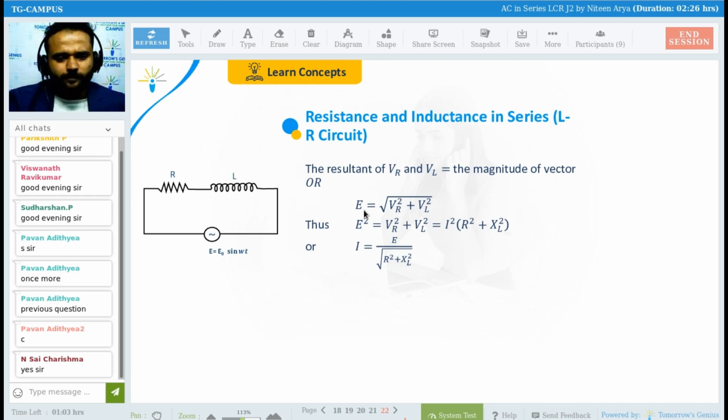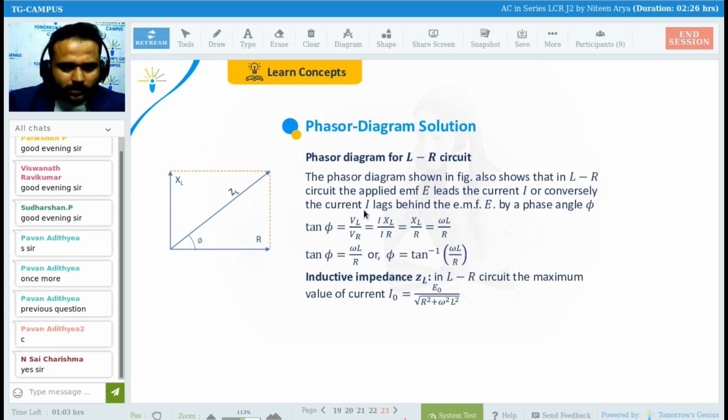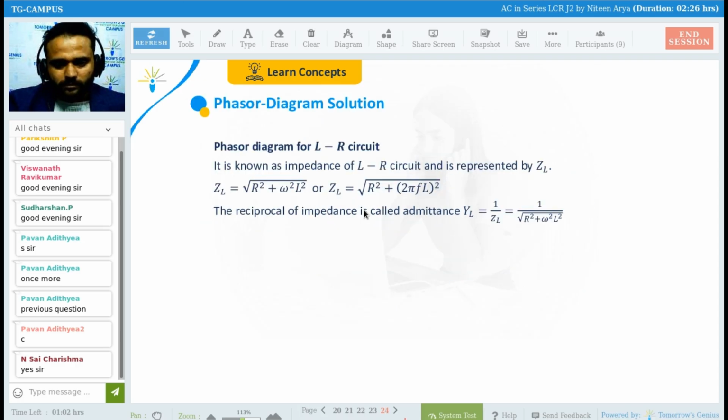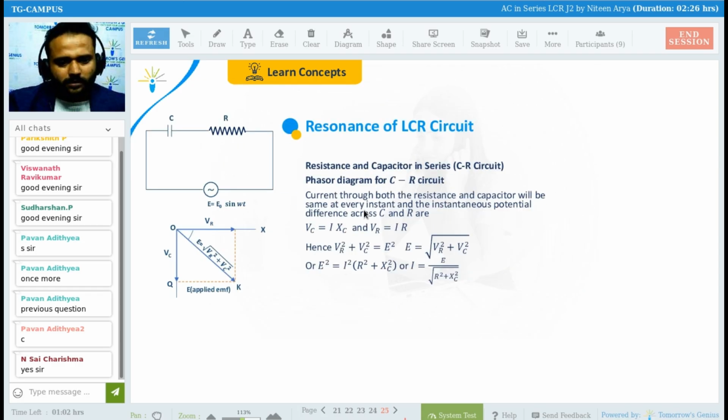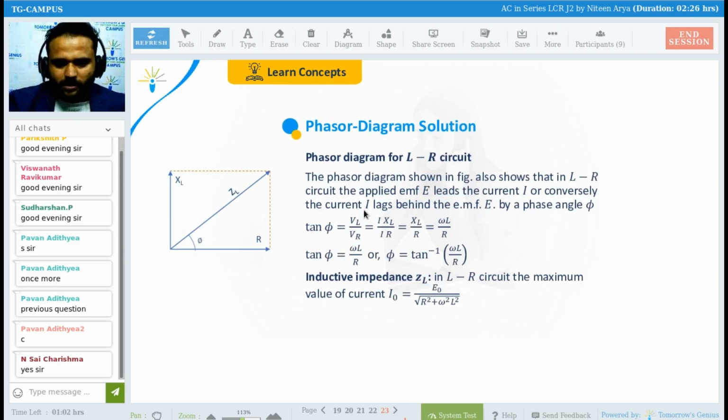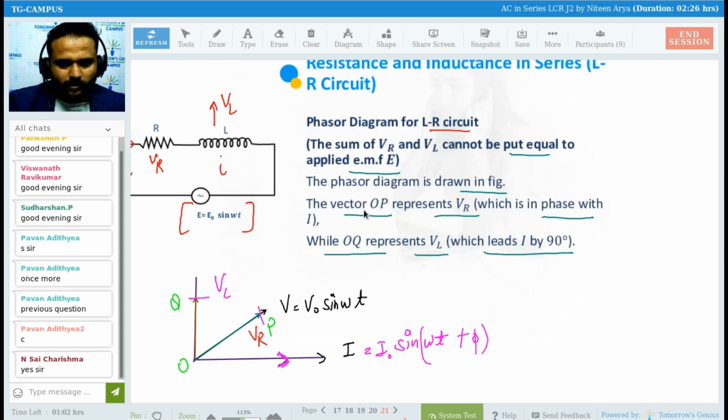Net E is going to be... This is Z, this is R, this is XL. You can understand it in this way also. You represent it in this way, otherwise you are going to get confused.